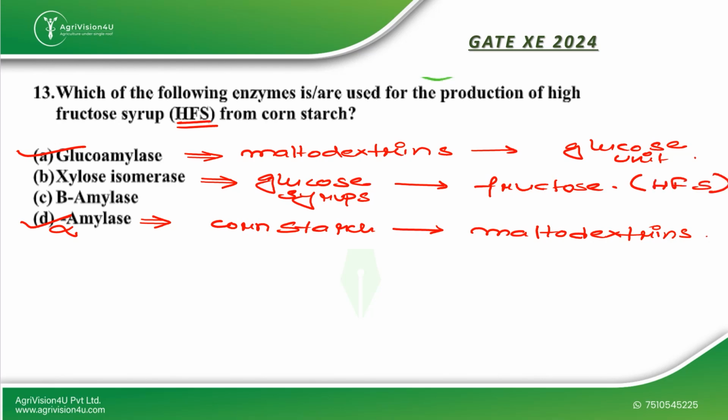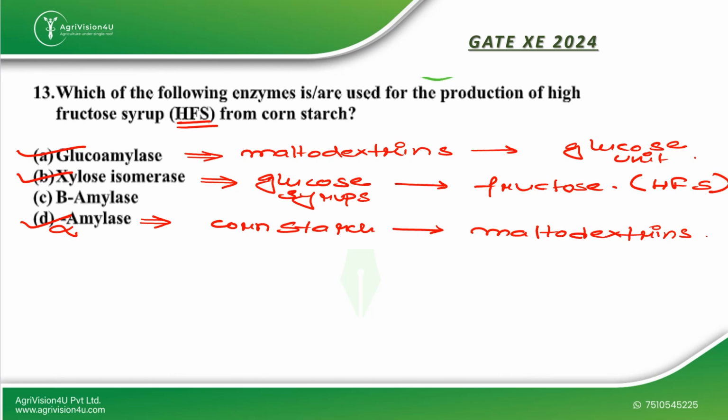So which are the enzymes which are used for the production of high fructose syrup from cornstarch? Firstly, alpha amylase. It is the first enzyme which is used in the process to initiate the hydrolysis of starch.